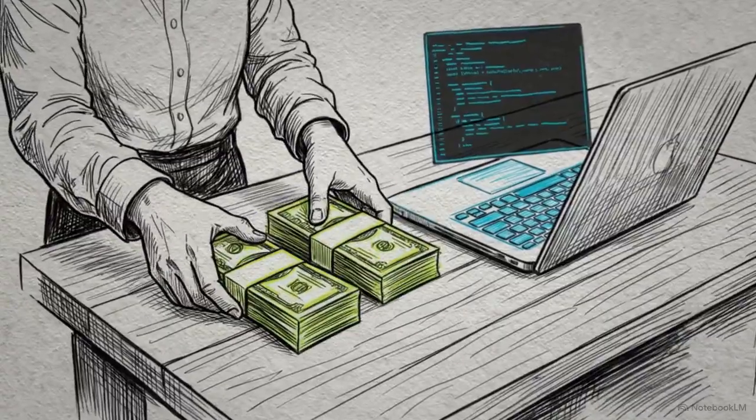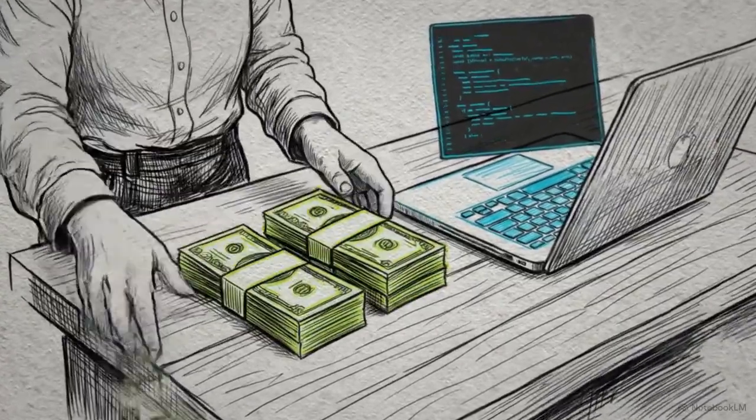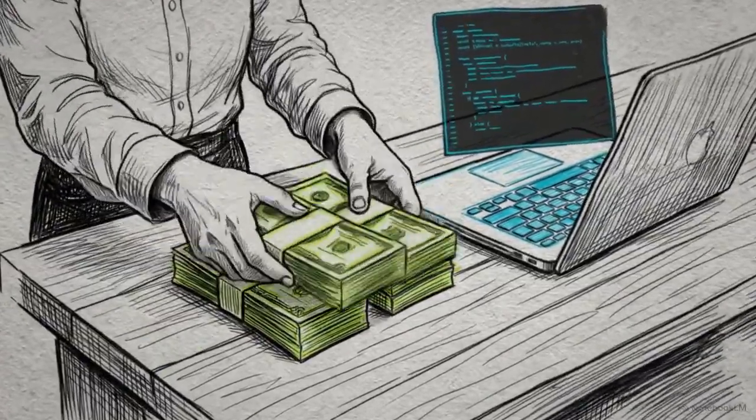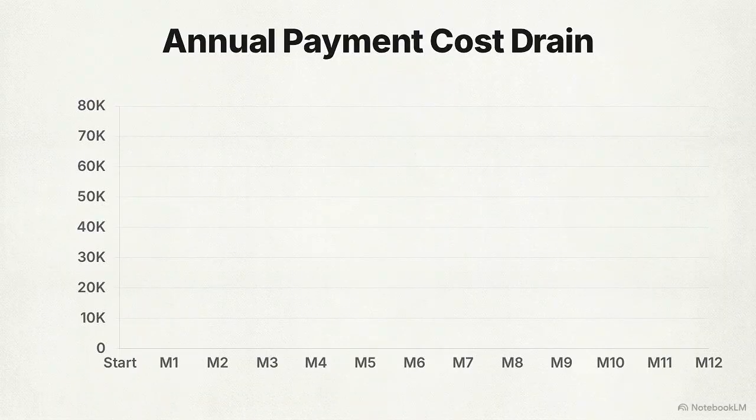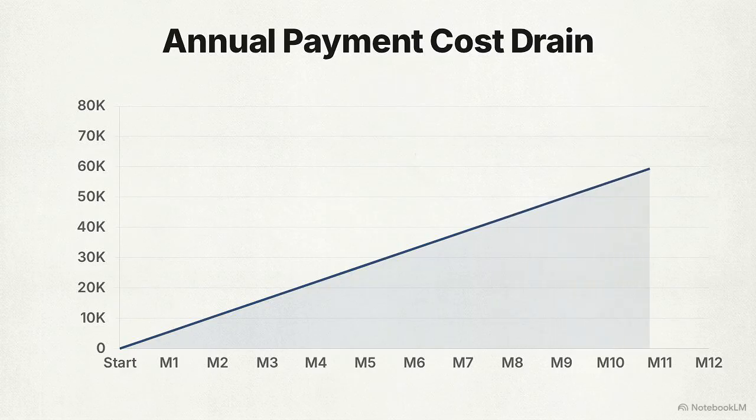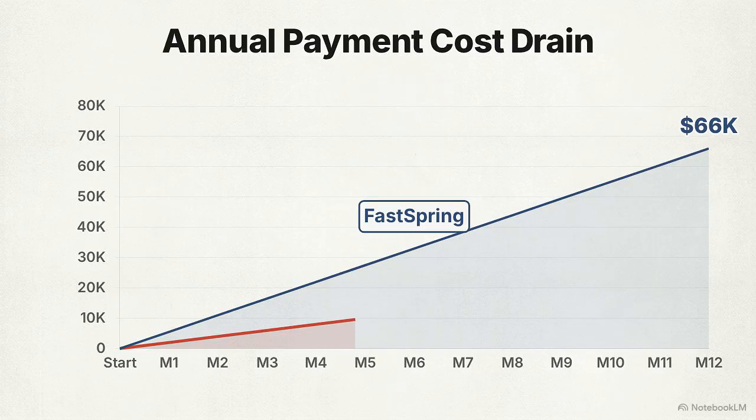Let's translate these abstract percentages into a concrete, real-world financial scenario to show exactly what is at stake. This area chart plots an Indian SaaS company processing $50,000 in monthly international revenue. On FastSpring, factoring effective MRR rates and Forex hits, annual payment costs drain roughly $60,000 to $66,000.